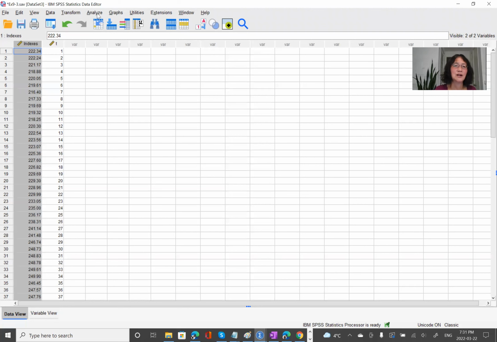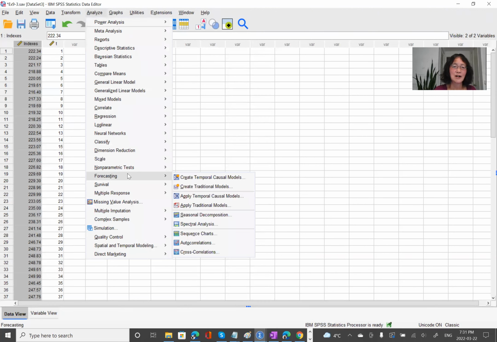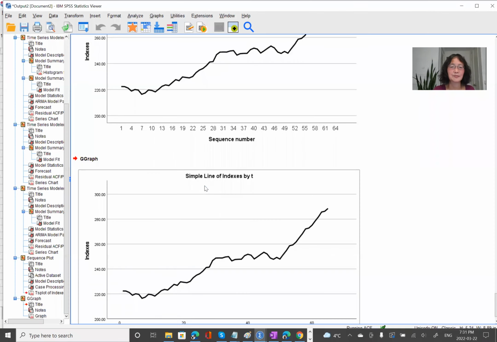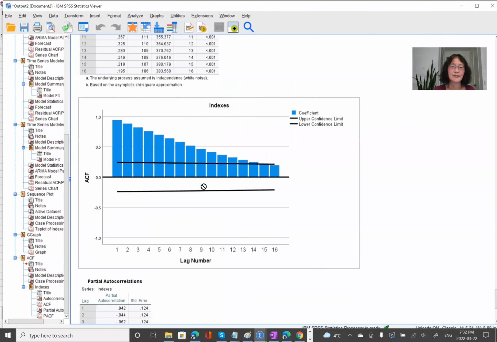Go to Analyze, Forecasting, then Autocorrelation. Remember, we did this many times in previous chapters, chapter 4, chapter 5, etc. So autocorrelation, and move the index to variables, and then click OK. So this is the autocorrelation.